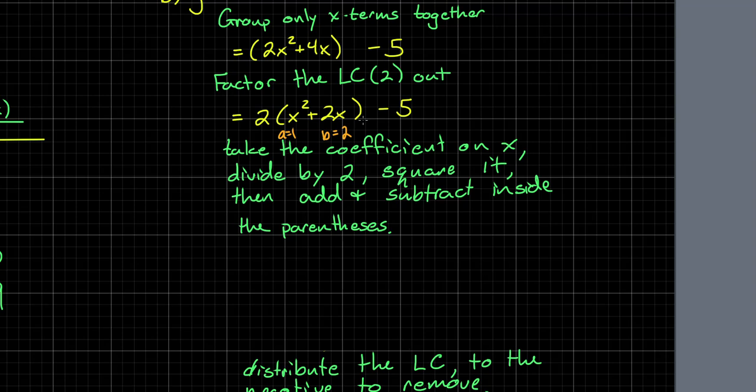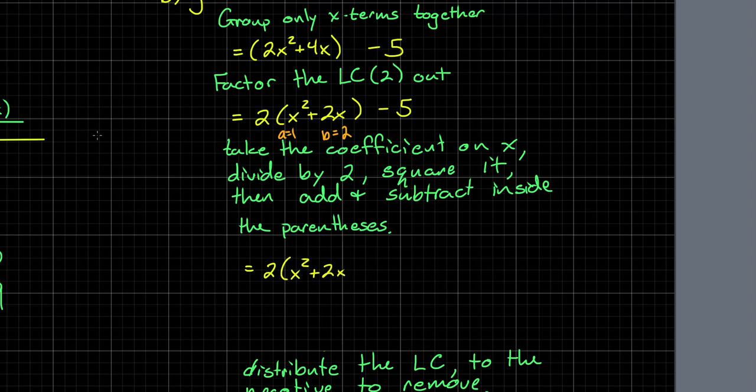0. I can multiply by a clever choice of 1, but I can add any choice of 0 that I want. So when we look at these, you take the B term, quote unquote, inside my parentheses. We divide it by 2, and then we square it. So if I'm thinking 2 divided by 2 is 1, and I square it, I get 1. So inside of my parentheses, I'm going to add my 0. So here we go, x squared plus 2x.